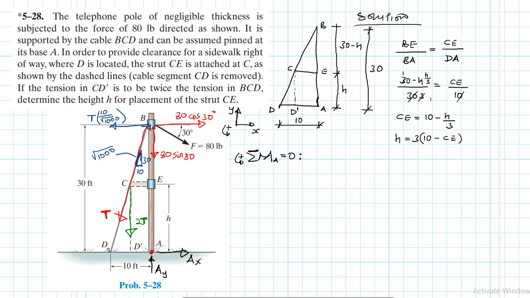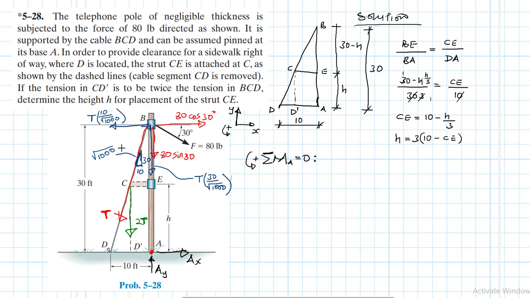And then it will have another component, this one is going to be equal to T times 30 divided by root of 1000. The vertical components will not have an effect on the moment, only the horizontal ones, right? Because those are passing through point A, so they will not cause a moment.